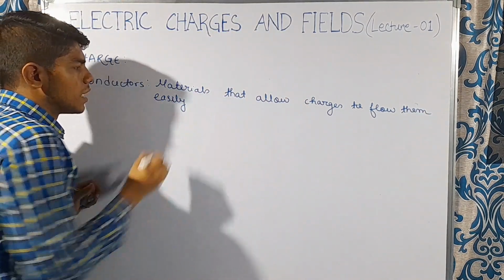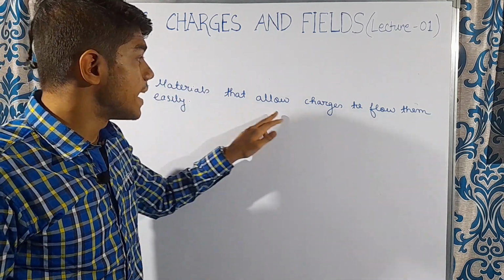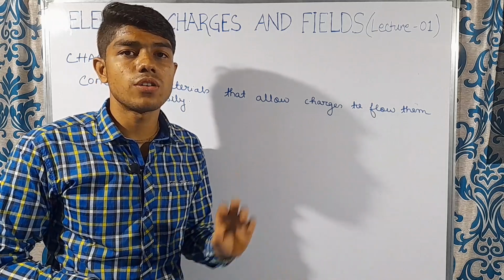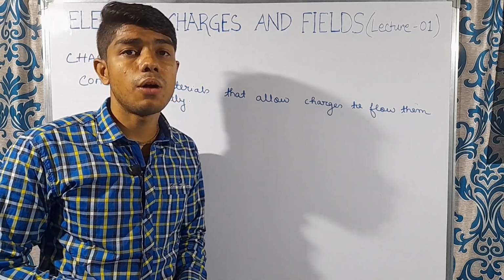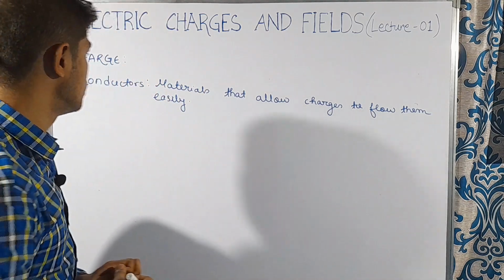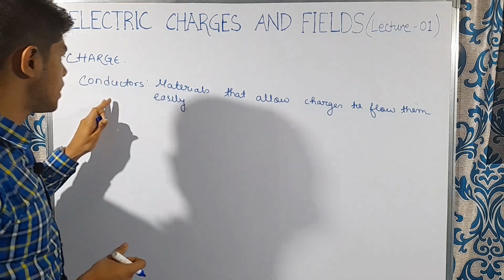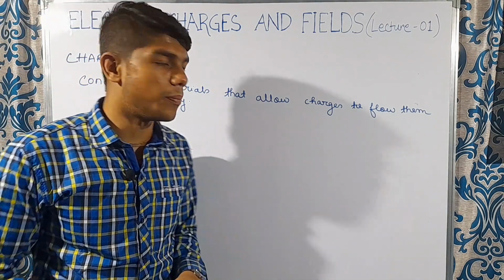Now, since protons cannot move, protons are immobile, so when we say allow charges to flow through them, we are talking about the electrons, or more precisely the loosely bound electrons or the free electrons. So conductors are the materials that allow electrons to flow through them.